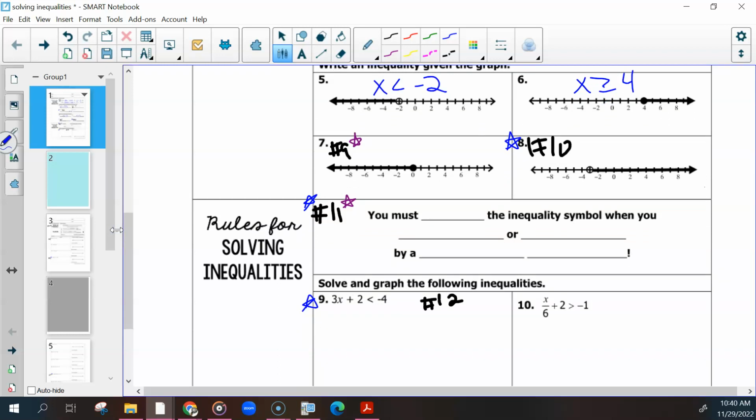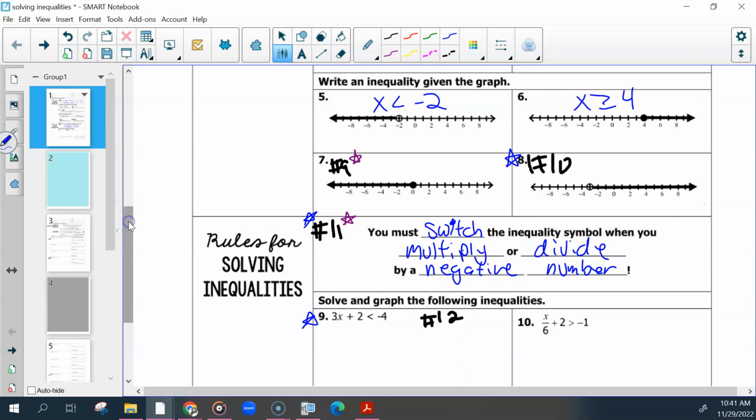One more rule. You must switch the inequality symbol when you multiply or divide by a negative number. So an example of that, I'm going to write this off to the side.